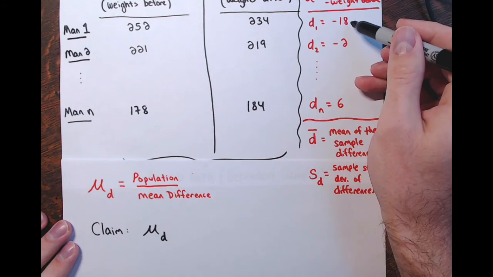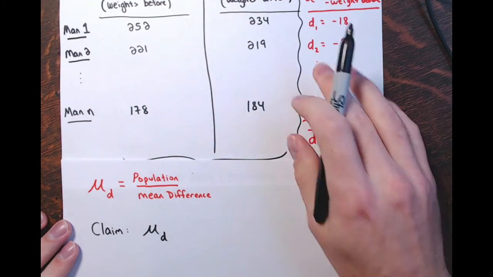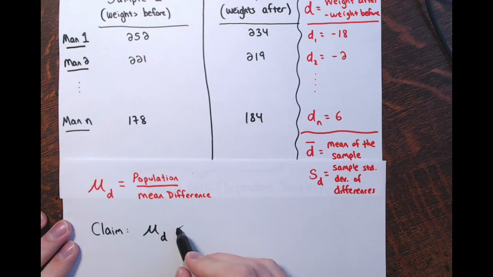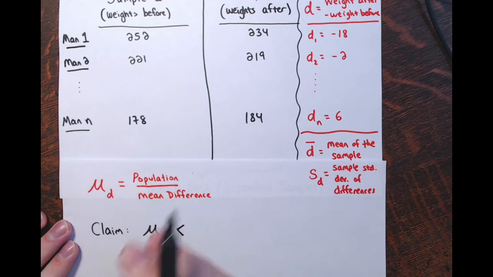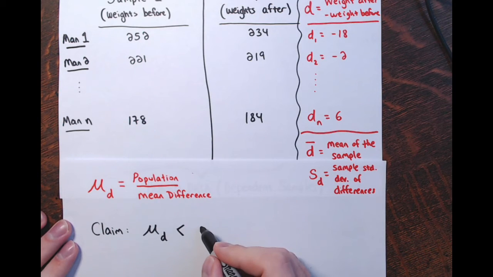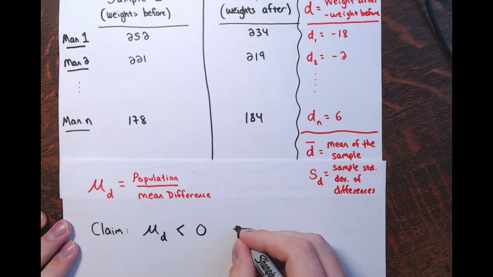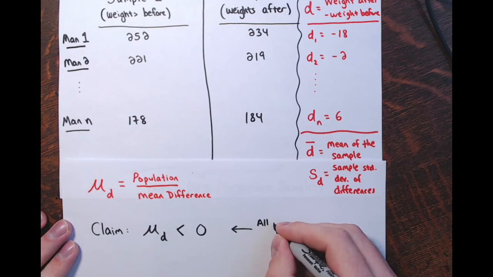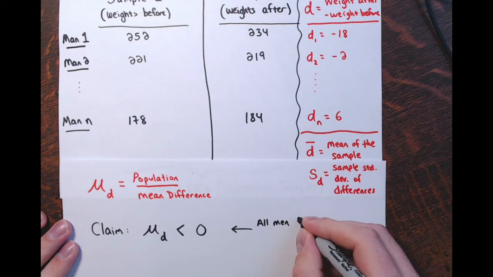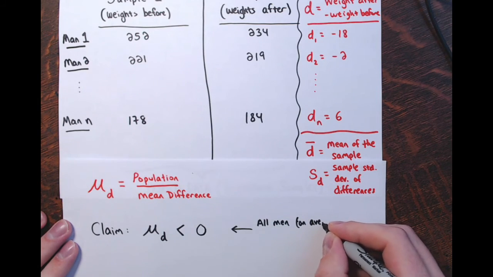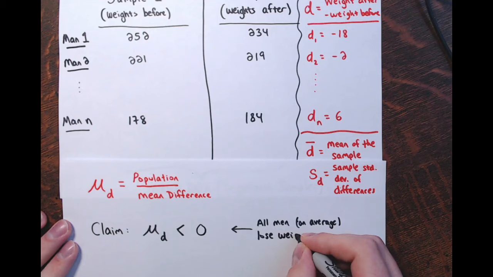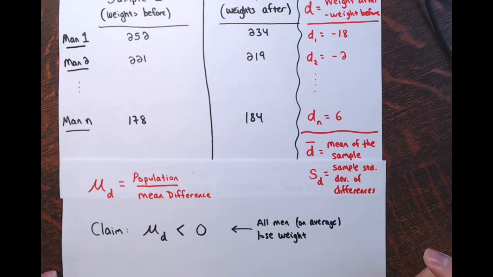Because again, a negative difference means that there was weight lost if you did weight after minus weight before. So she's hoping that the average difference in weights, weight after minus weight before, is negative, meaning that the claim here is that the supplement helps them lose weight. All men on average lose weight with this supplement. That's what this is saying.